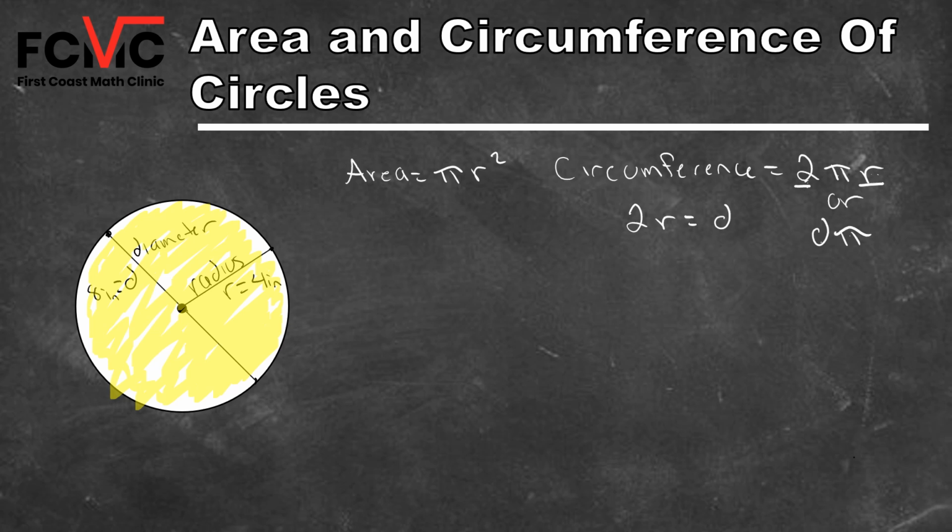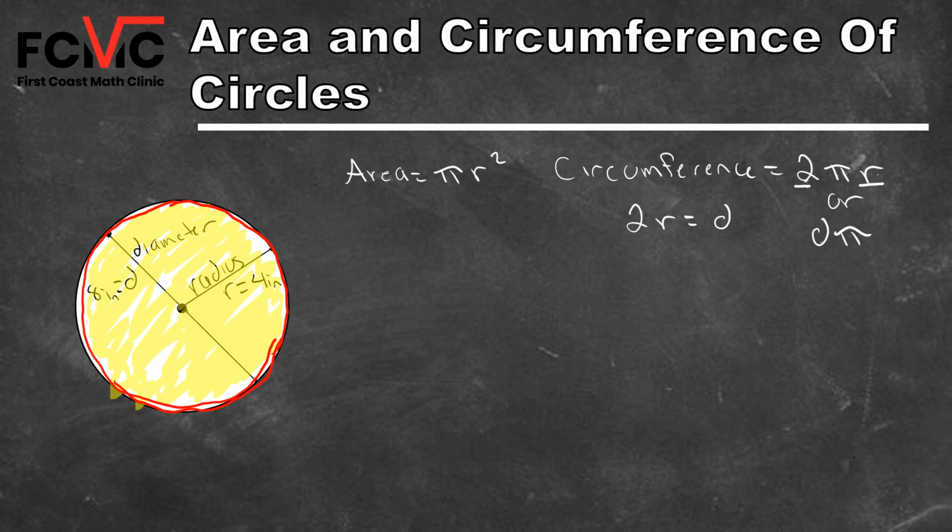Now circumference is basically just the distance around our circle. So again, thinking of a pizza, think of the crust on the pizza. What's the distance if you're measuring the crust around the pizza?